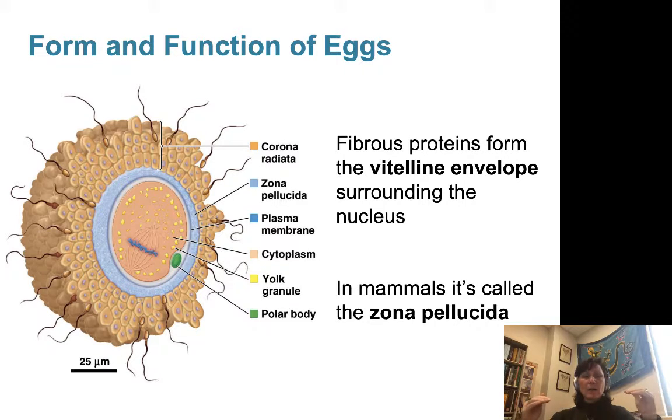If multiple sperm were to get in there, there'd be multiple copies of DNA introduced, and that could result in some mutations and failed development. So there needs to be a way to allow one sperm in while preventing other sperm from entering.